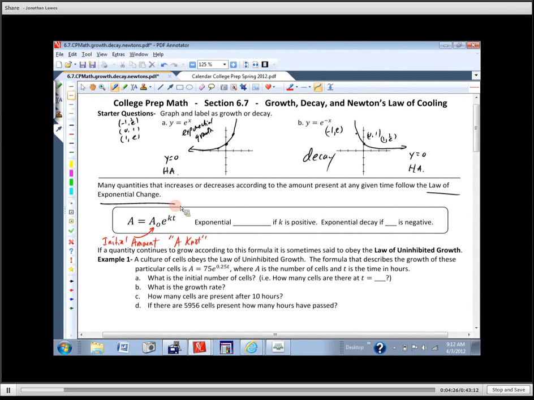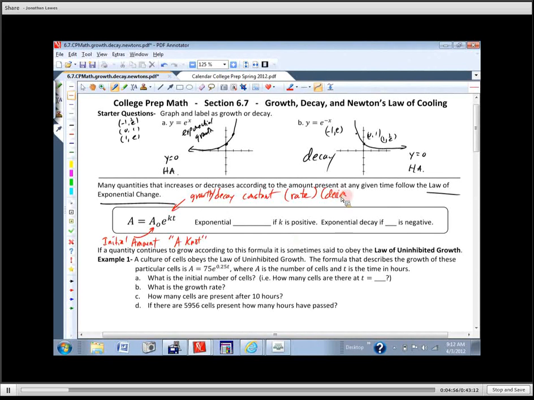And that k right there is the growth or decay constant. We typically use a k for that. I suppose we could have used a C for constant, but that's what it is. It's the growth or decay constant. It's also sometimes called the growth or decay rate. So many times it's a decimal.